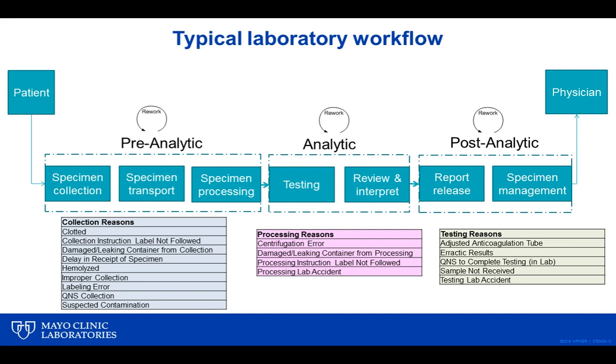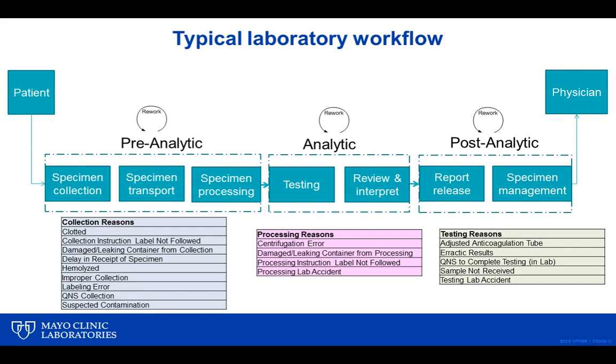Once that pre-analytic work is done, it goes into the analytic work where the testing is actually done on the instruments, and somebody has to review and interpret the results. And the results are now released back to the physician, and also you have to manage the specimen into storage or whatever you have to do to get rid of the tubes.